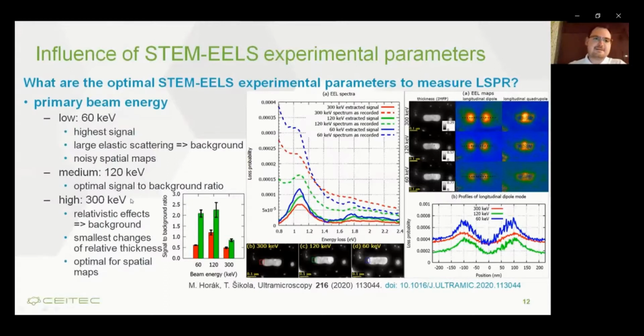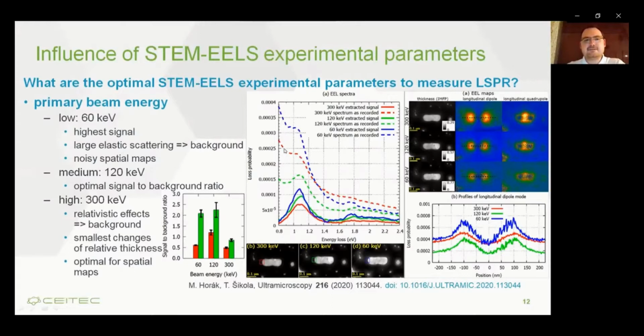Then, if we take into account high primary beam energy, for example, in our case, 300 keV, we see that the signal is lower than at 60 kV, and we see also that the background is still high.